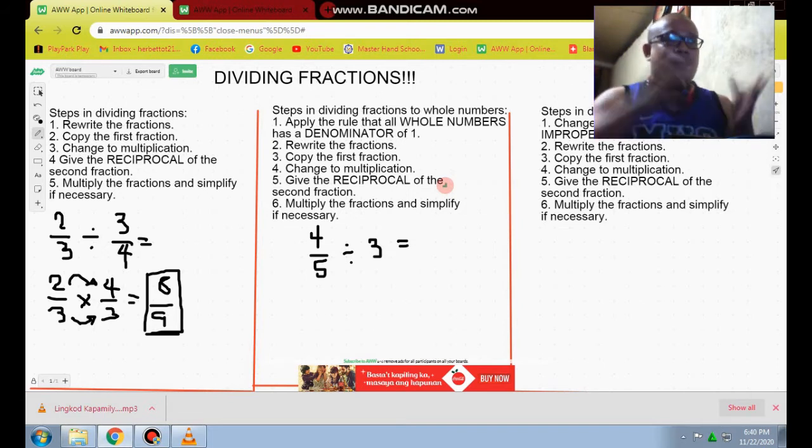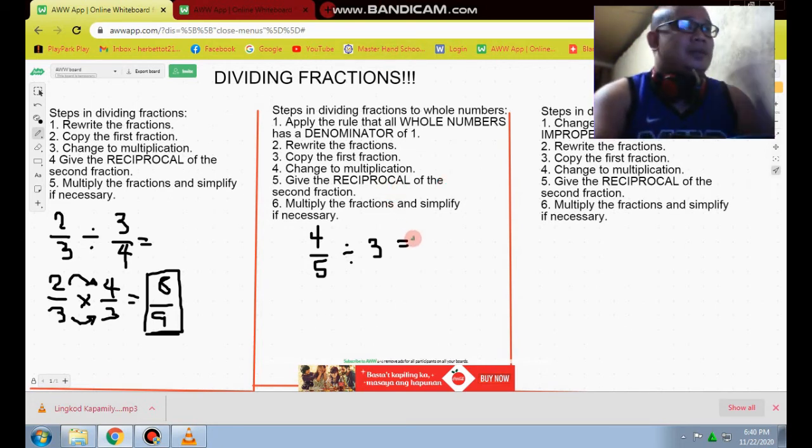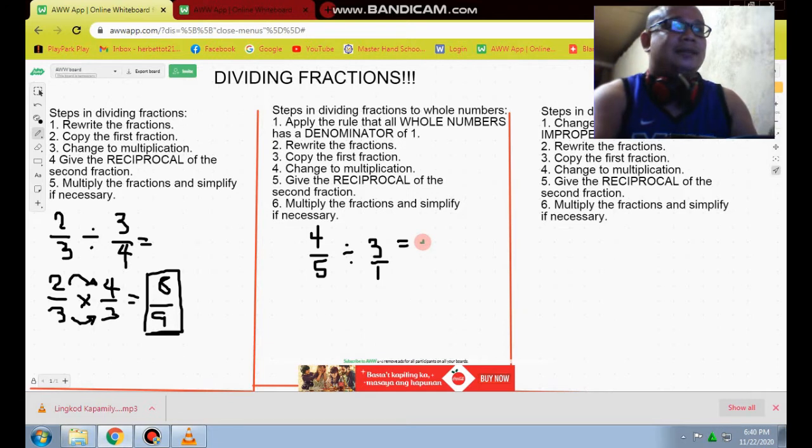Okay, so yung rule natin of whole numbers to fractions, right? That all whole numbers has a denominator of 1. So apply natin yan una. And then next is to rewrite the fractions. Okay, so copy the first fraction, which is 4/5. Then change to multiplication. Ayan.